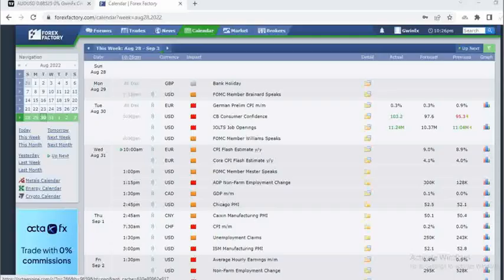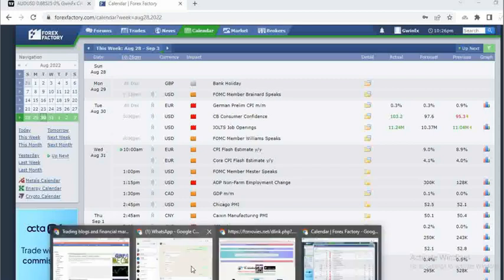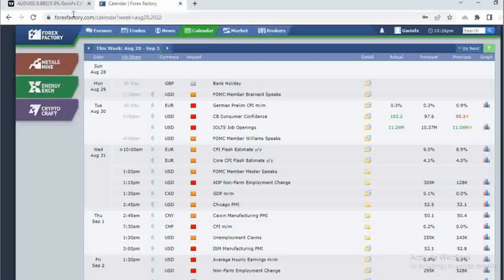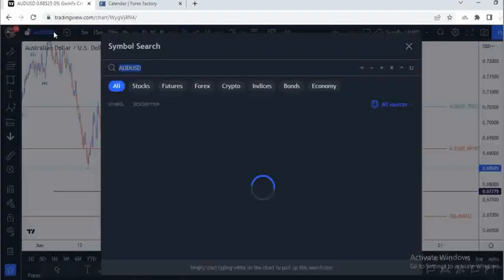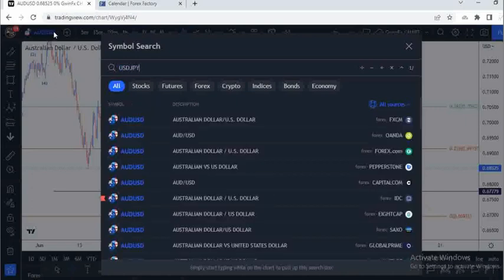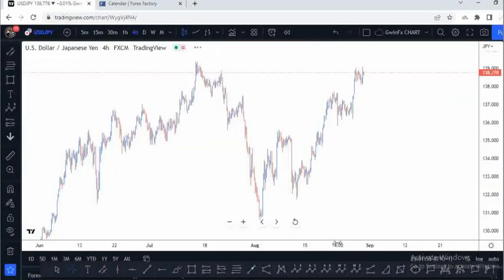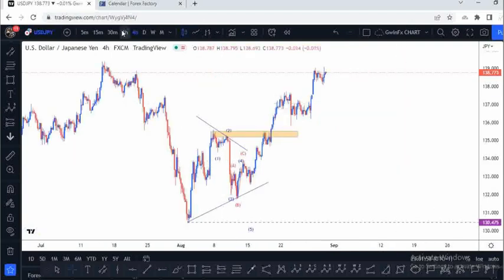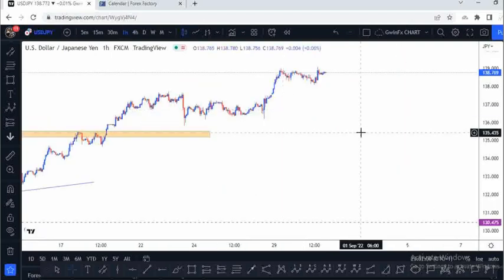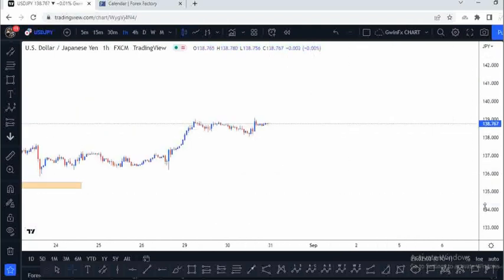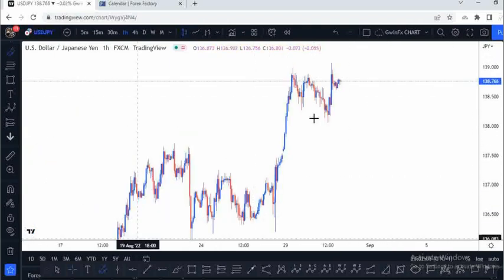But the other piece which I'm looking out for and watching closely is USD. Let me quickly take a look with you guys at what is going on with that currency. I think it has a very strong chance of still continuing to the upside, having broken out of this structure today.